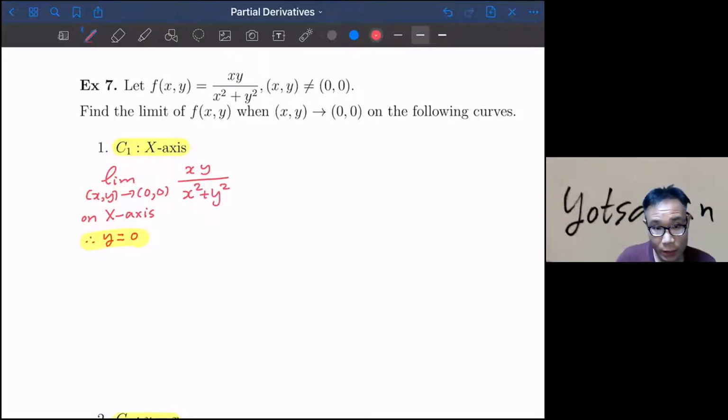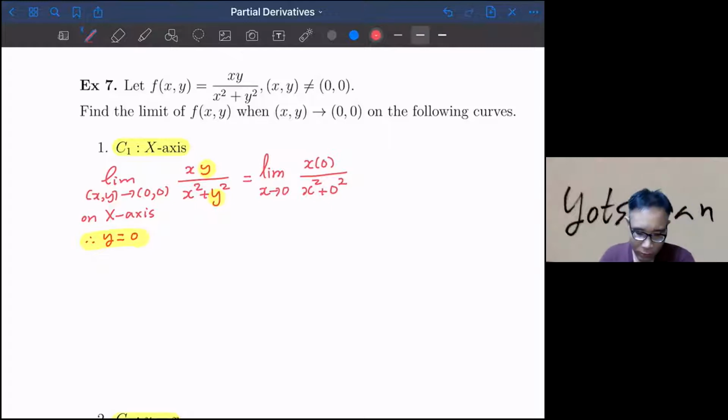So you put y equal to 0 for this y and this y. So this becomes x times 0 over x squared plus 0 squared, and you have limit x goes to 0.